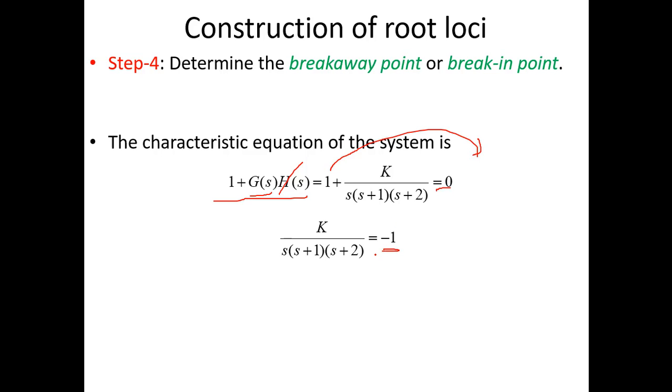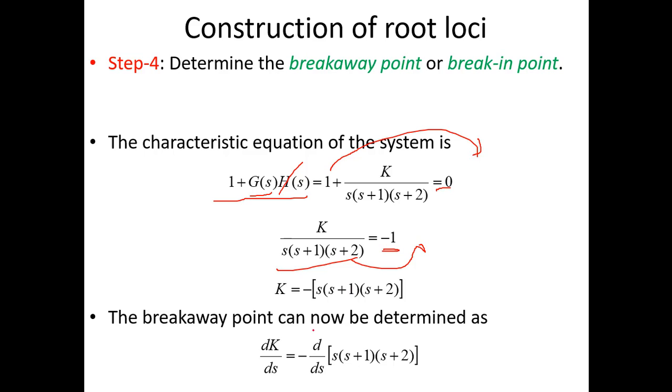Now you have to move this whole stuff to this point. After that, you will have to take the derivative. You can see that now you got this equation, k is equal to this minus sign multiplied by this whole thing. If you take the derivative now, the derivative of k with respect to s will be equal to the negative of the derivative of this term.